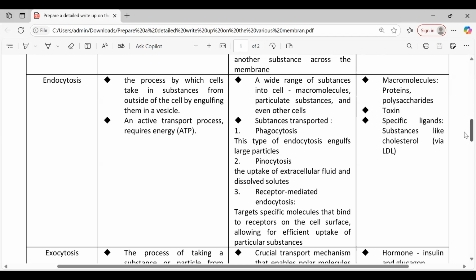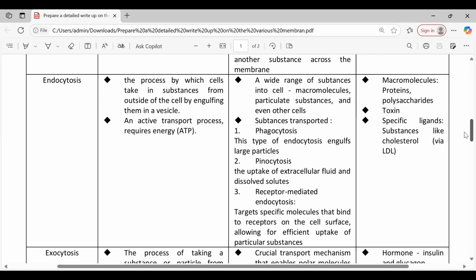Number 3, receptor-mediated endocytosis, targets specific molecules that bind receptors on the cell surface, allowing efficient uptake of particular substances. Examples of endocytosis are macromolecules, proteins, toxins, specific ligands, and substances like cholesterol, which we can see via LDL.